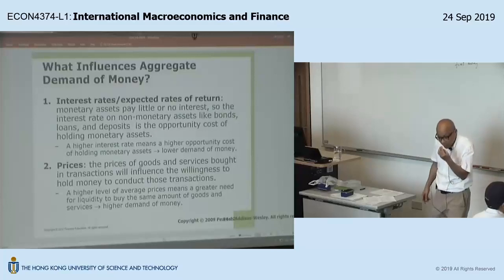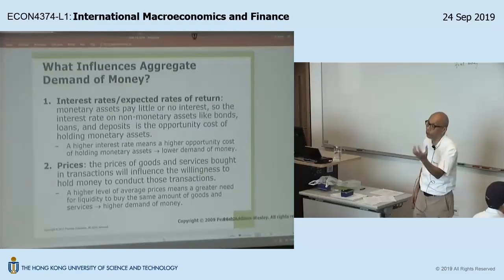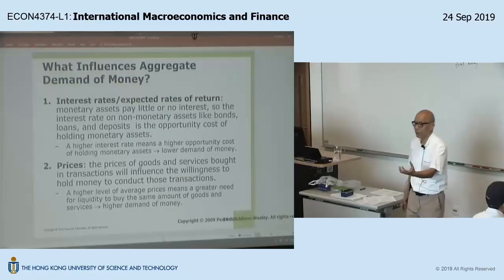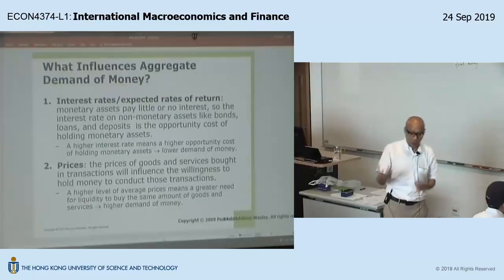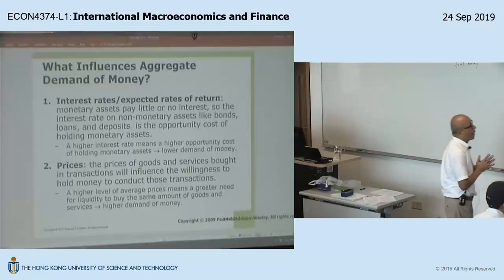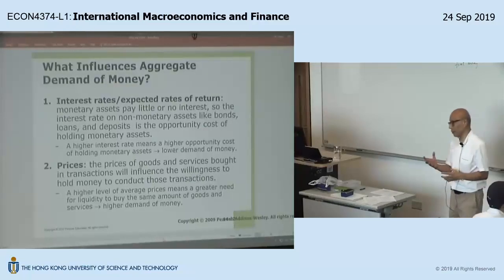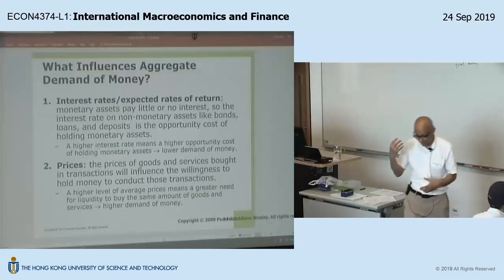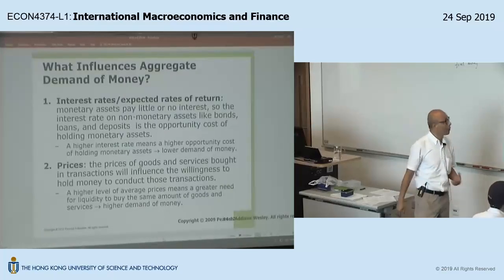The interest rate is the opportunity cost of holding money. It's like the price of holding money. So if it's high, then the cost of holding money is high, so you hold less, basically.